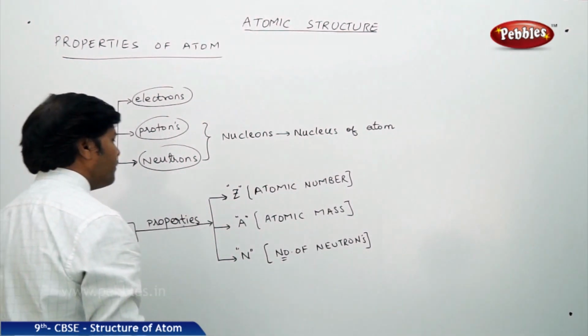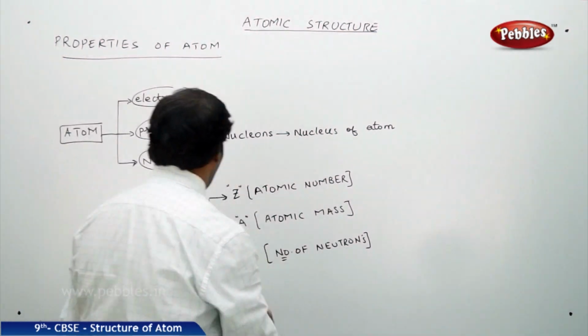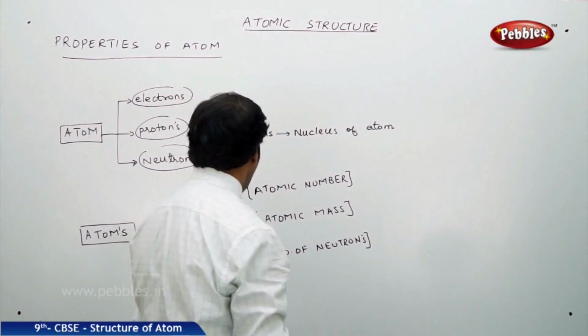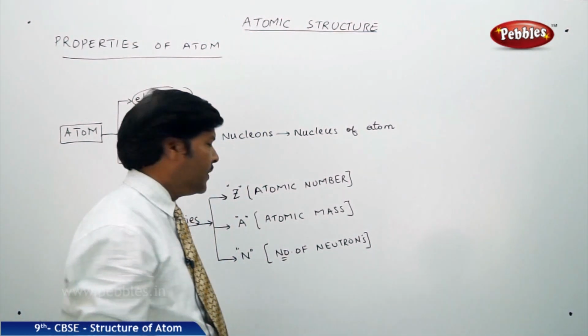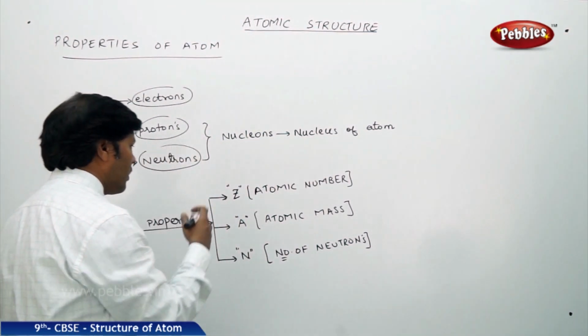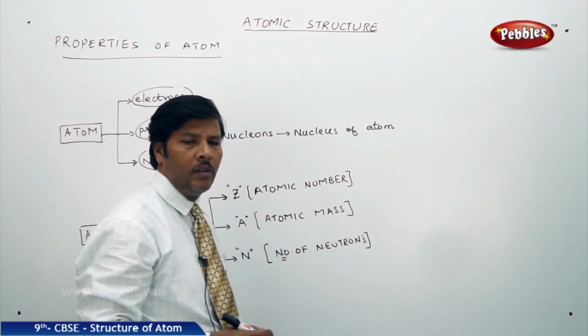So what is the relationship between Z, A and N? But before going to the relationship, let us try to define the atomic number and mass number of the atom of an element.